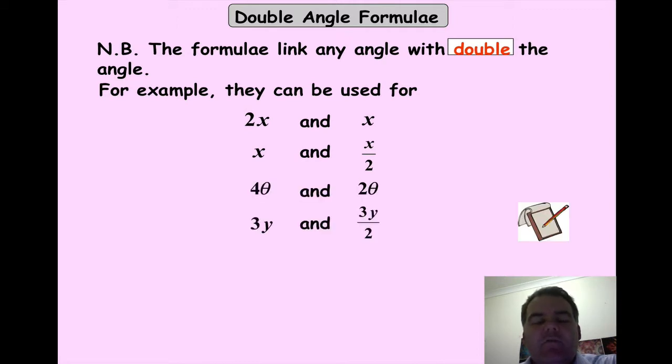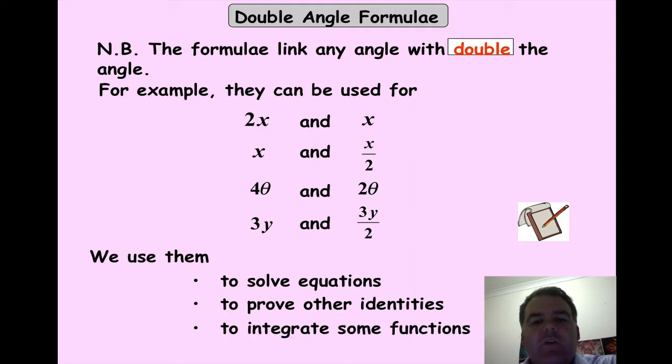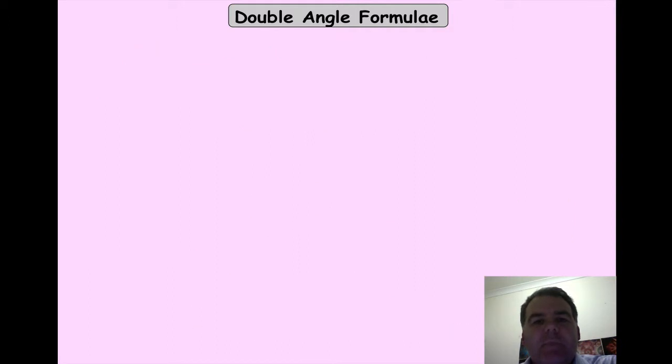So these formulae are really handy. Something like sine of 2A is 2 sine A cos A. You could just say sine of A is 2 sine A over 2 cos A over 2. Just halve the angle on each side and you get another identity that's true. So we're going to use these to solve equations and to prove other identities. Let's do some solving equations using these.